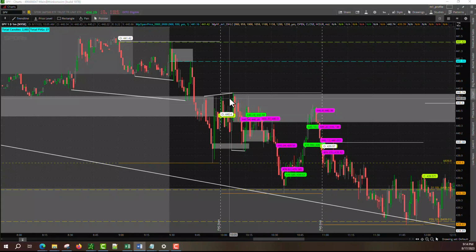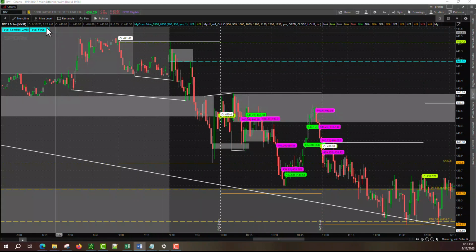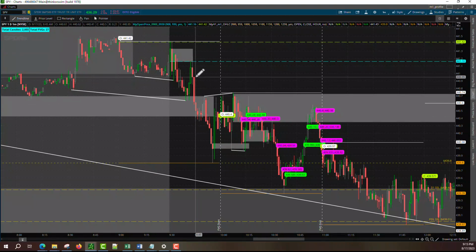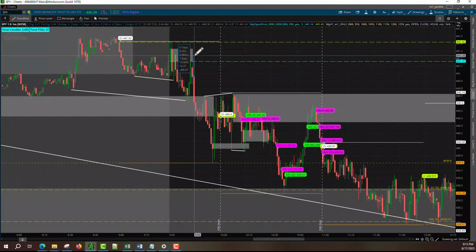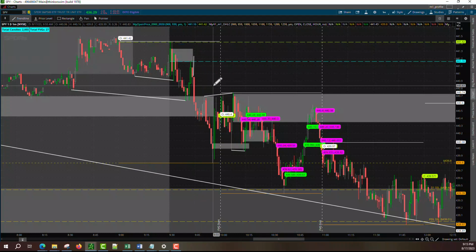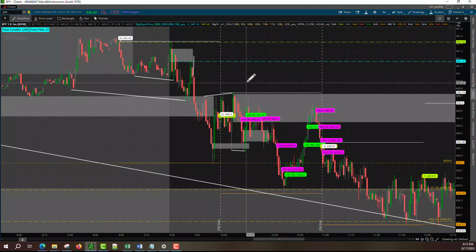So basically it's right here, right? We go in right here, retest right there. Let's say you go in right here and you put the stop loss right there, about 27 cents. And your target under this level right there. Boom.